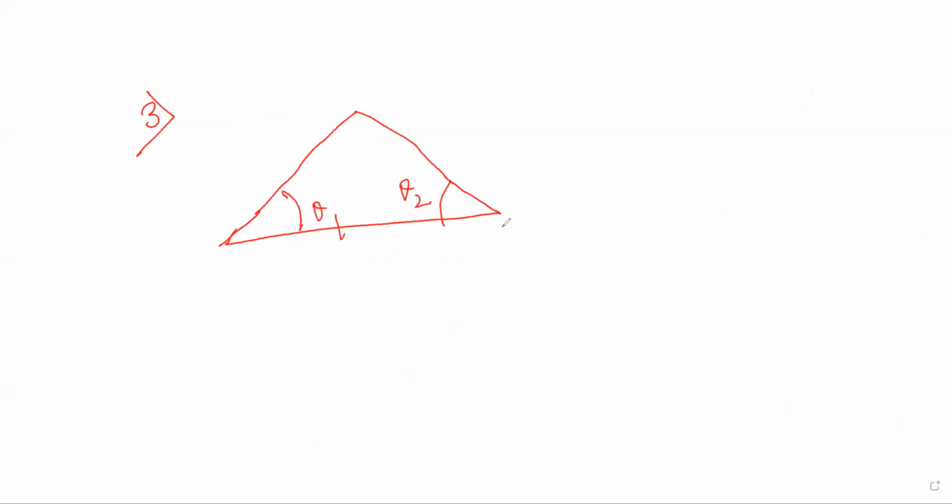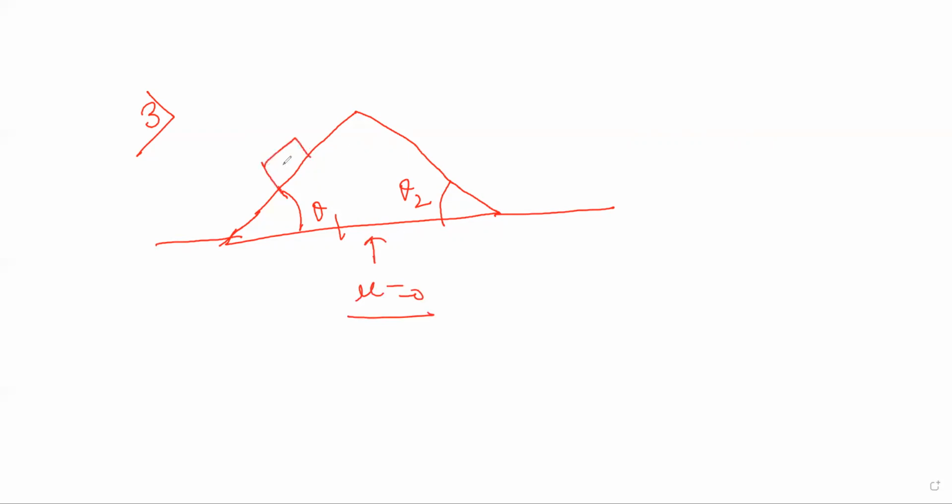Next question is, suppose there is an inclined plane wedge. This is the wedge. This is angle theta1 and this is angle theta2. It is placed over a smooth horizontal surface, so we have taken mu equal to 0.